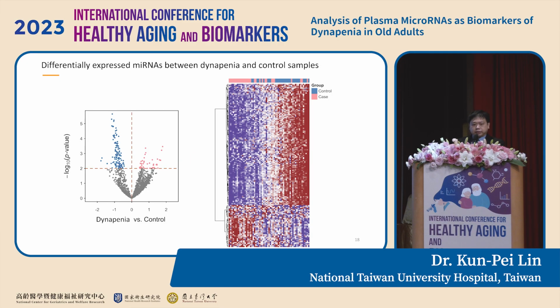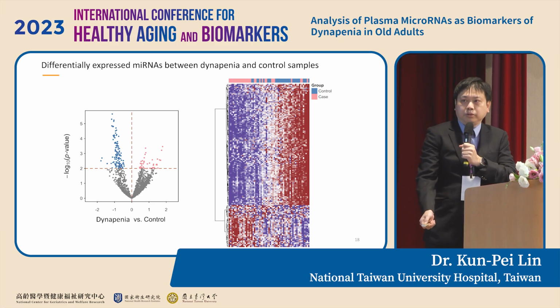These pictures show the differentially expressed microRNAs between Dynapenia and the control samples. The left picture is the volcano plot. The volcano plot highlights statistically significant differences in the microRNAs. The x-axis represents the expression difference of microRNA.